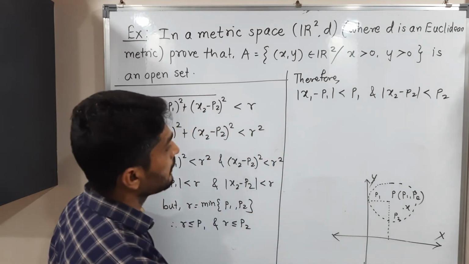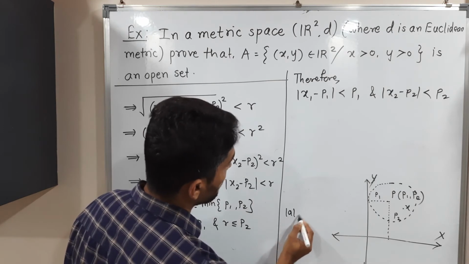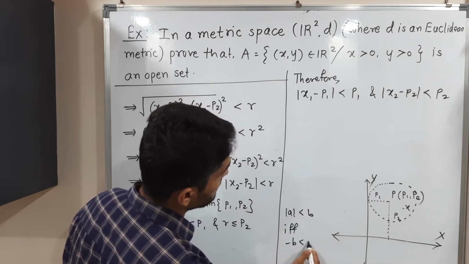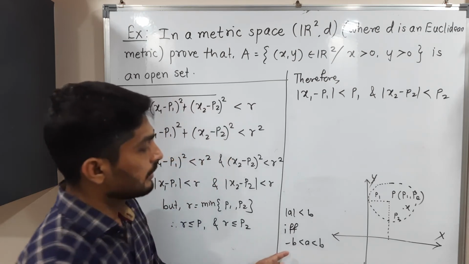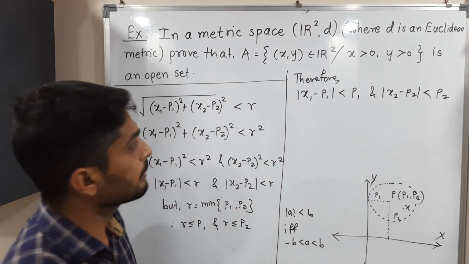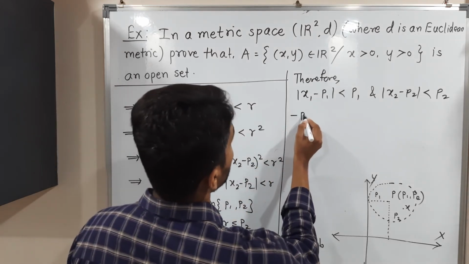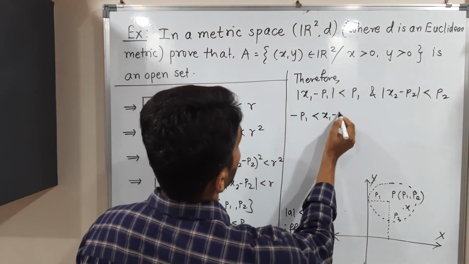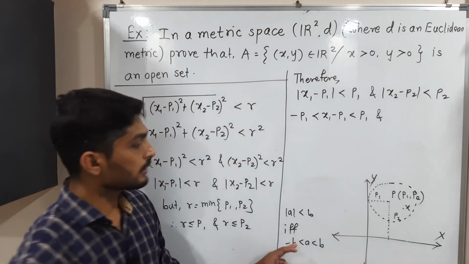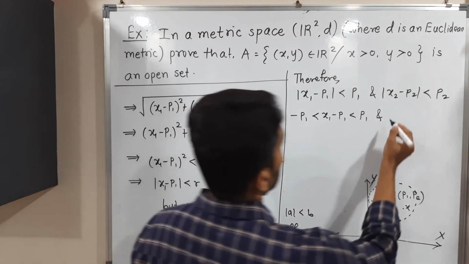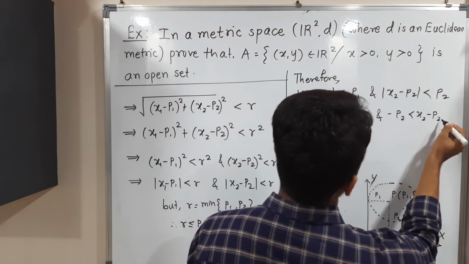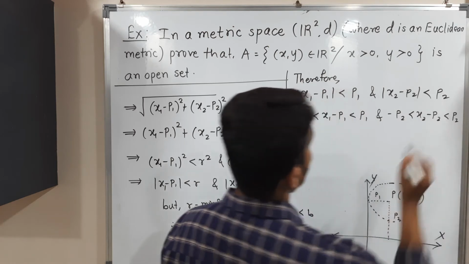You know the result: mod a less than b if and only if minus b less than a less than b. In FY BSc we have studied this result, right? So this result I am going to apply here. Therefore minus p1 less than x1 minus p1 less than p1, and for that also I can apply the same result: minus p2 less than x2 minus p2 less than p2.